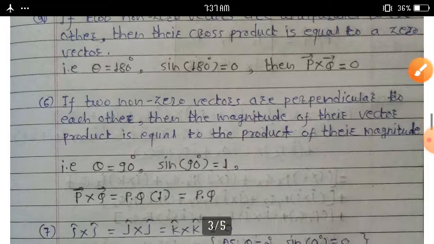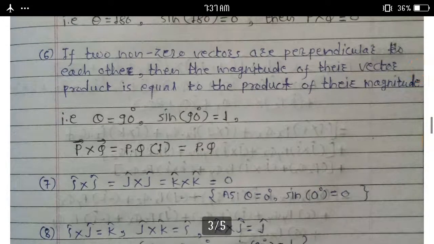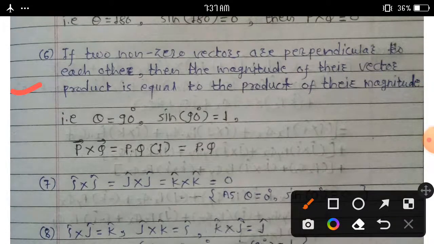Next, characteristic number 6: if two non-zero vectors are perpendicular to each other, then the magnitude of their vector product is equal to the product of their magnitudes.